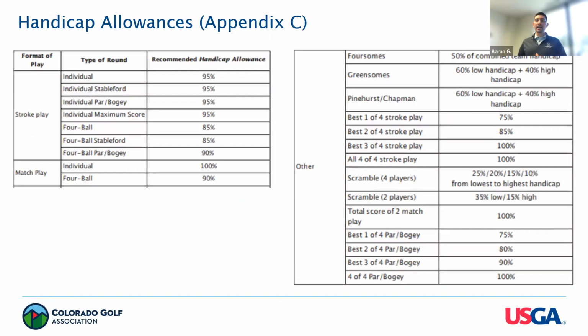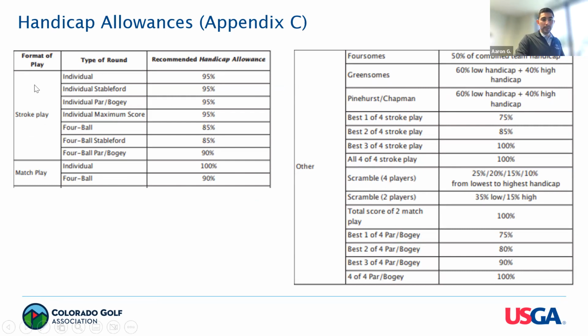All right, and those handicap allowances that I mentioned are in Appendix C of the rules of handicapping. These are one of the few recommendations, or one of the many, I guess, depending on how you look at it, that the USGA has given us nowadays. Through all their math and their hole-by-hole score posting and years of data, they have come up with new recommendations based on the format of play.